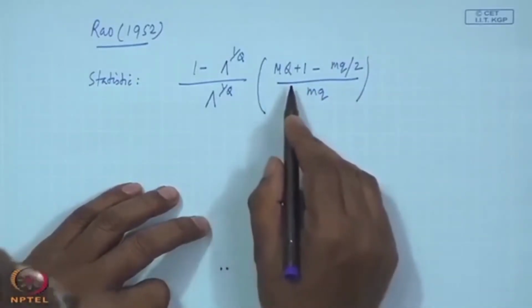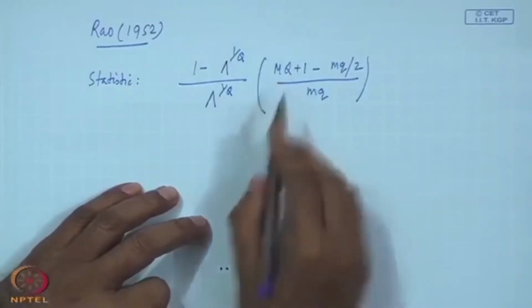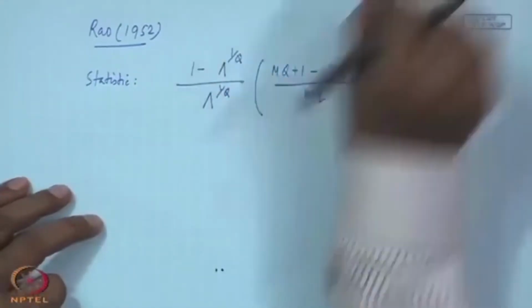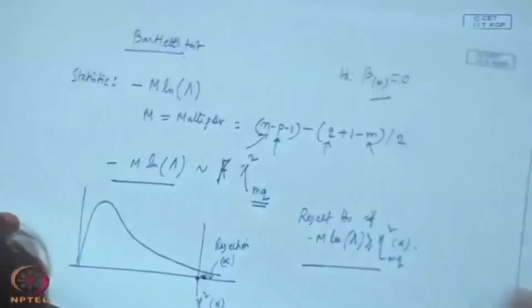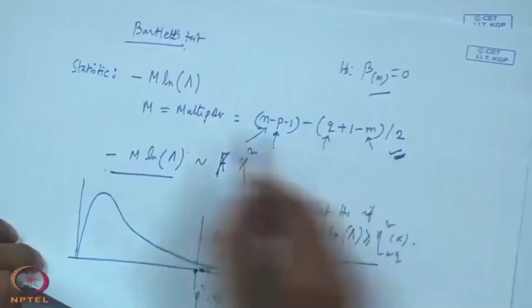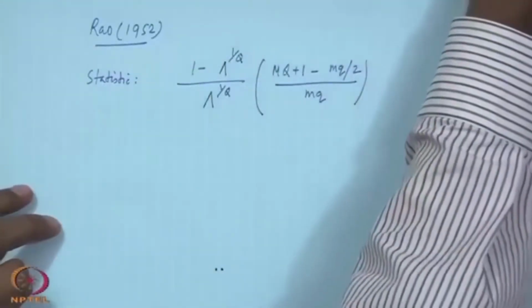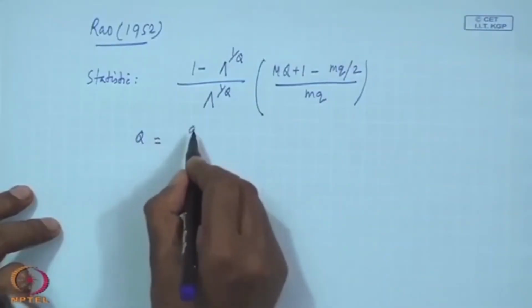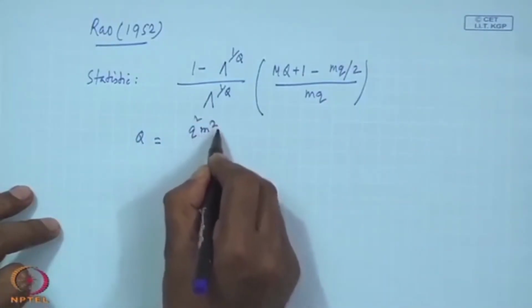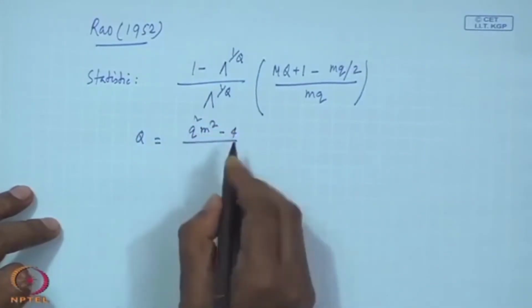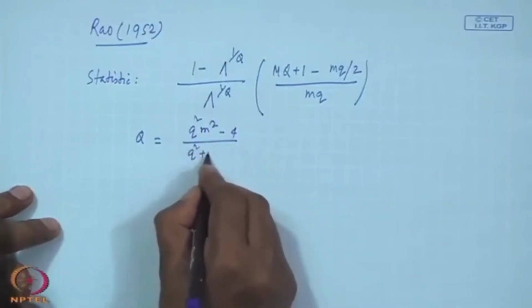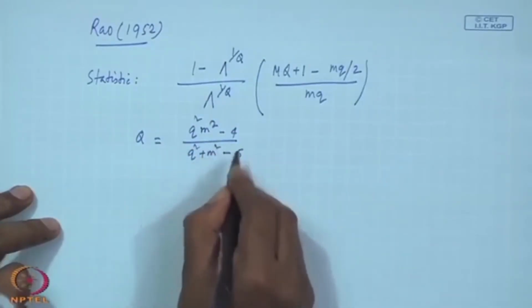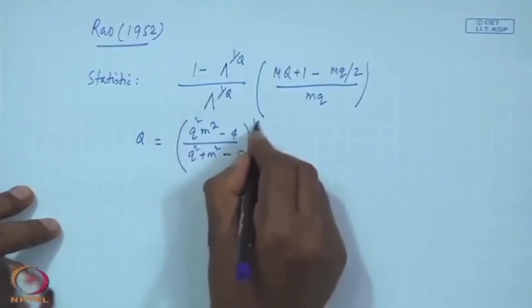Where m, already you have computed, m is the multiplier. So, m we computed like this, this is our m. So, that m multiplier. What is s? s is a quantity which is (q square plus m square minus 4) divided by (q square plus m square minus 5), whole to the power half.